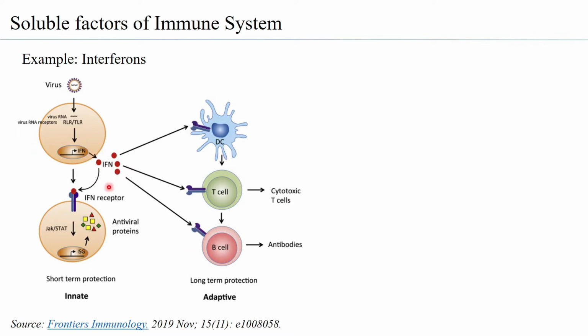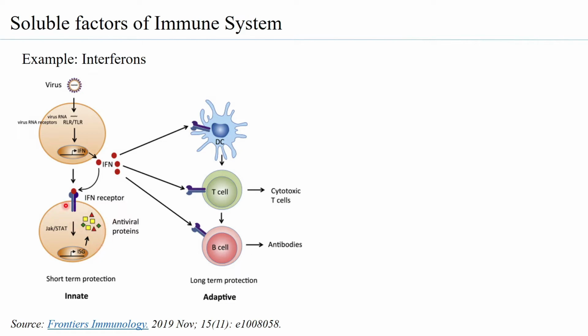Now, this interferon that has been secreted from the cell which contains the virus can go and bind to interferon receptors on the neighboring cells. In response to the interaction of the interferon with the interferon receptor, there is a signal transduction, and based on it, the multiplication of the viral genome is incapacitated.